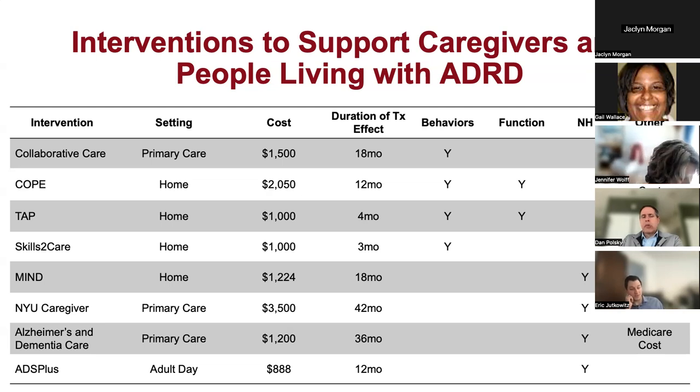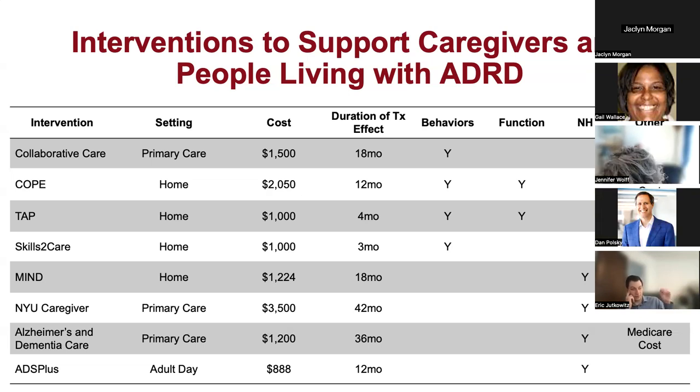The interventions target people at different stages of the disease. So some of these focus more on the earlier stage, while others are enrolling and targeting people in the middle or later stage of the disease. The interventions target people in different settings of care. And so our approach has always been to compare each intervention versus its own usual care instead of comparing them all to each other.